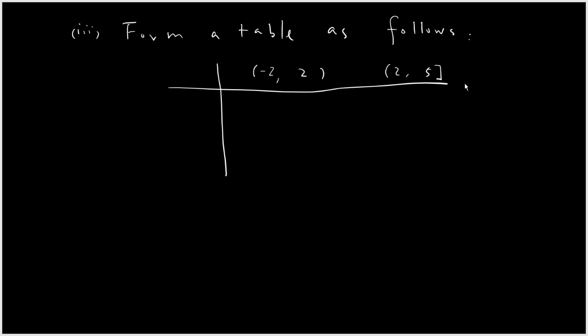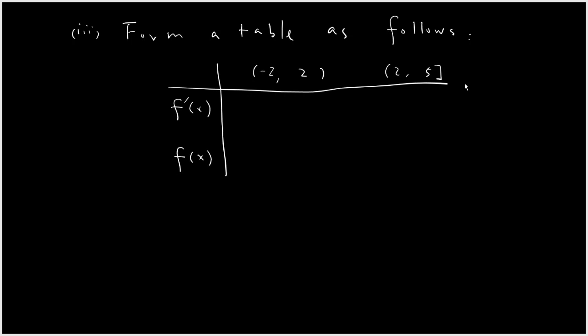Always label the second row using the derivative of the given function. Now what we are trying to do is to use the derivative of the function to study the property of the function. And label the next row using the function.